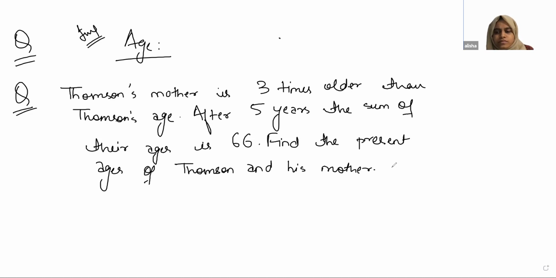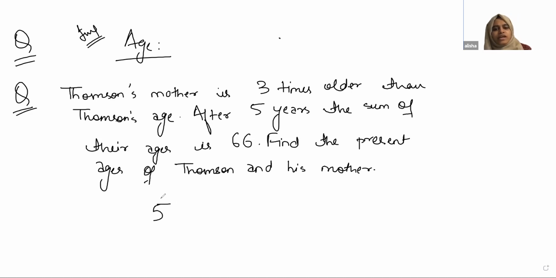And the question tells us to find the present ages of Thompson and his mother. So for example, if I say Thompson is 5 years old, what would be the age of his mother? 15. Why? 5 into 3.